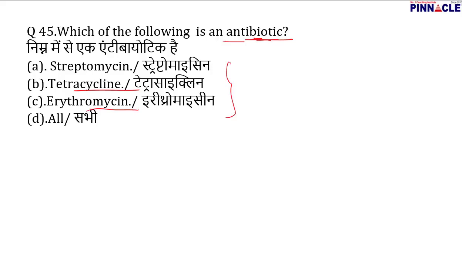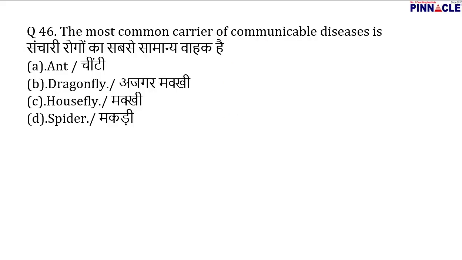Now moving to question number 46. Question number 46 is, the most common carrier of communicable diseases is. Communicable diseases are those kinds of diseases which can be easily spread by contact or by any other mode. And the most common carrier of those communicable diseases is the housefly. It is the most dangerous carrier of disease. What can it do? It can collect harmful microbes on its legs and mouth from waste, and then transfer them to food items by sitting on them.